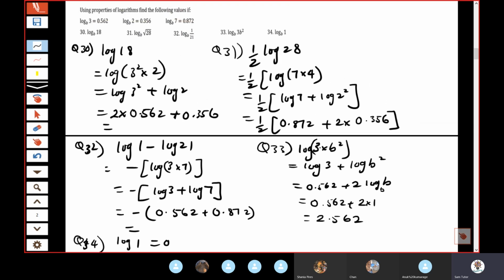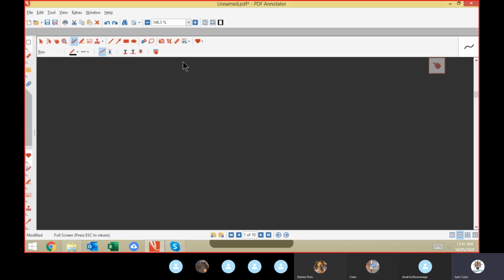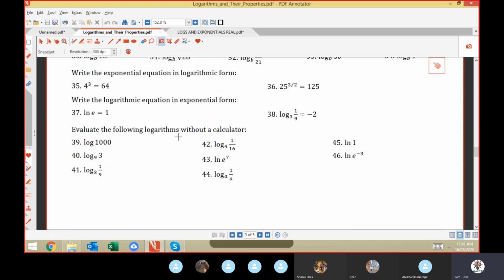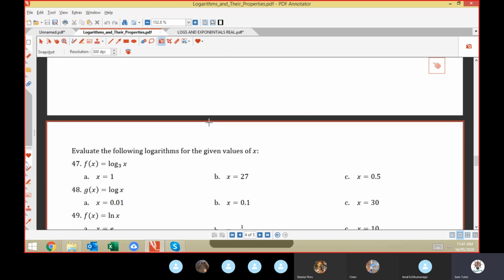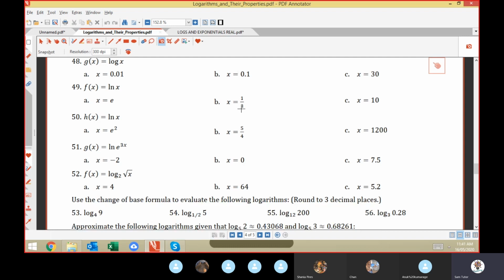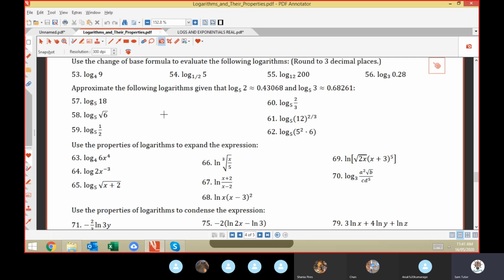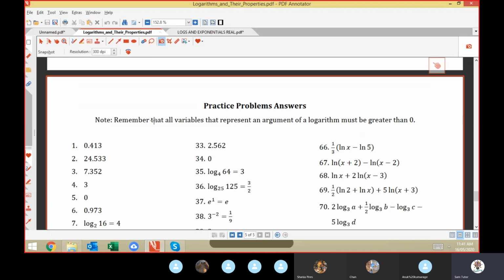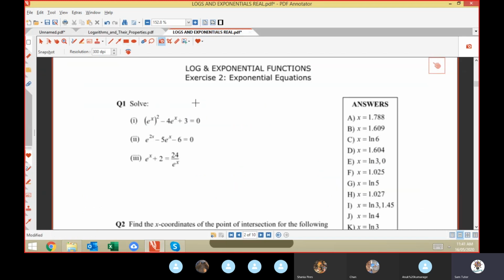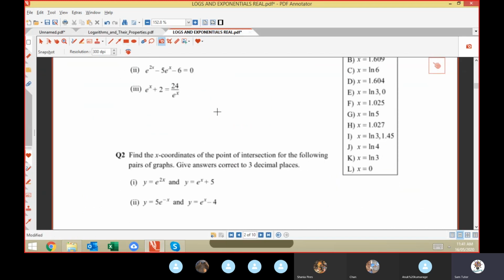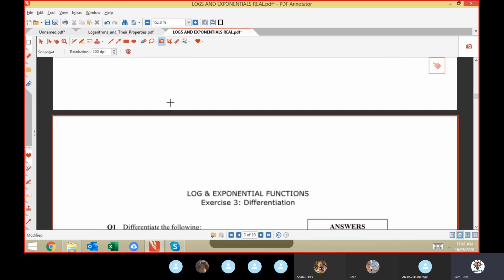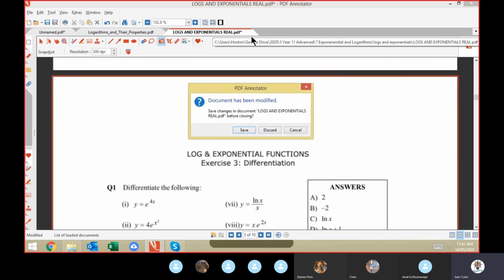This section is probably a lot weaker for students than the solving bit. So let's have a look at some of the solving questions, and you'll see. Let me get to differentiation for that, because I'm not very good.